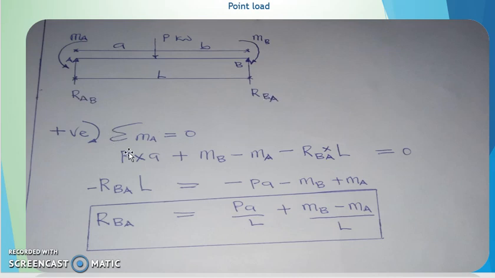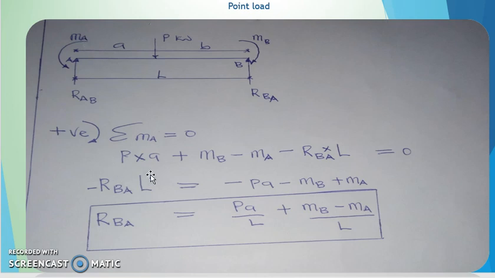Now you can take moment about one of the joints, of which if I'm taking about A now, you have that P times A, this is the point load times A towards this A, plus you can see what I assigned here, that the clockwise moment is positive. So it means as P will take clockwise moment towards this point, it's giving me a positive.